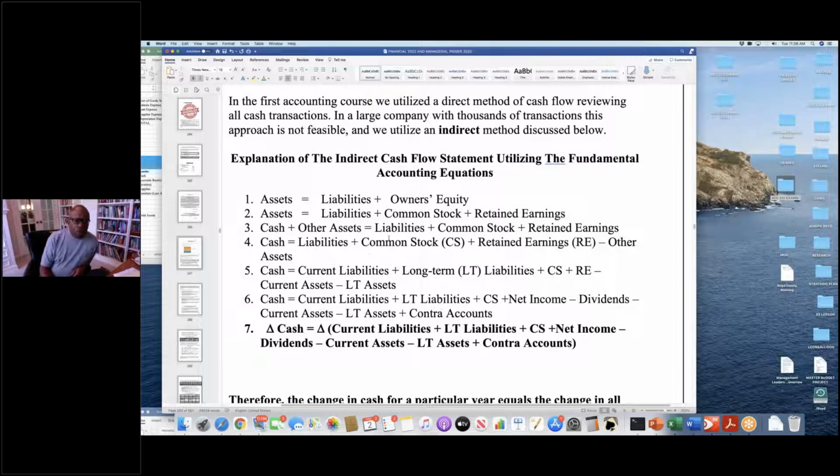So we're just working with this basic formula. And so then the change in cash is going to equal the change in everything on the other side. So this is how we are going to move so that we don't have to look at each cash transaction. We want the change in cash. So we're going to look at it in terms of the change of everything else.